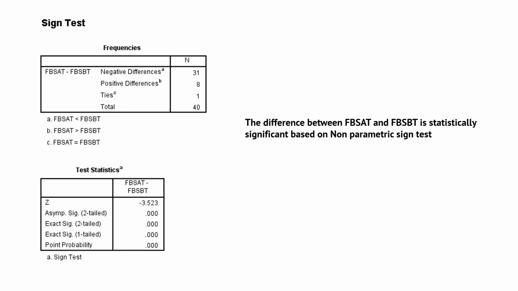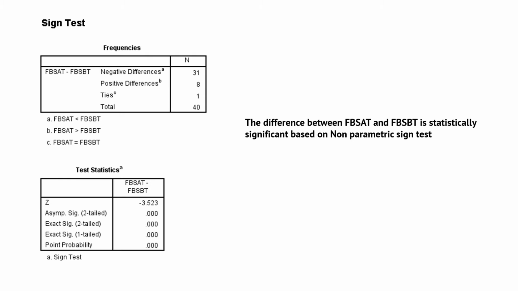Then you click OK. Then it will show how many negative differences, how many positive differences. So it is showing that FBS-AT minus FBS-BT has 31 negative differences. That means FBS-AT is less than FBS-BT 31 times.